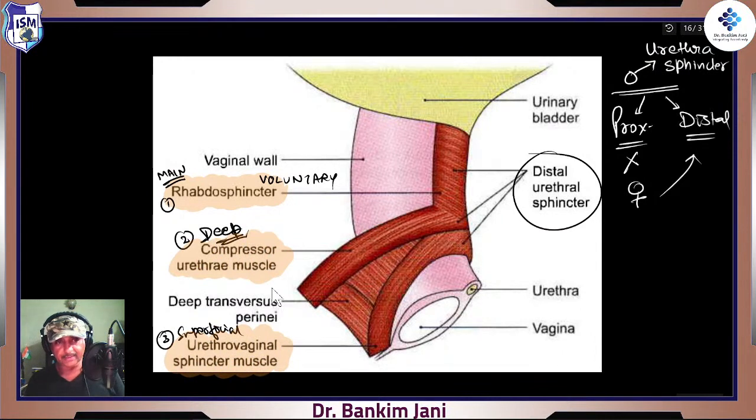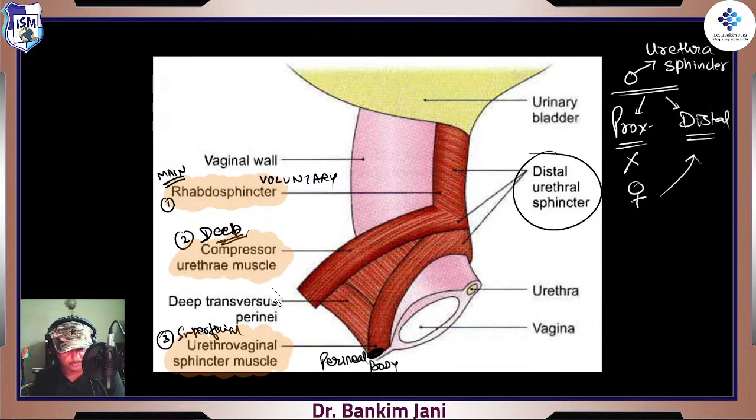So these are the 3 points which you need to remember. One point I would write, the urethrovaginal sphincter lands over here, and that is the perineal body, posteriorly. So that is superficial.